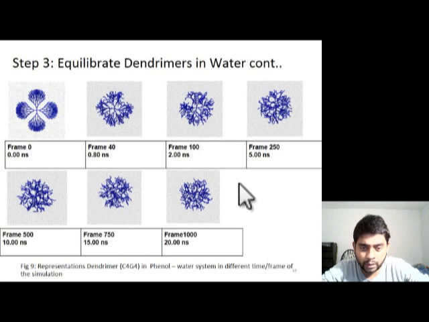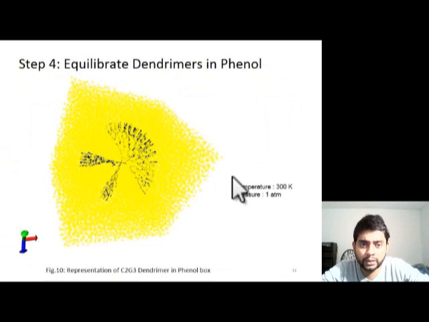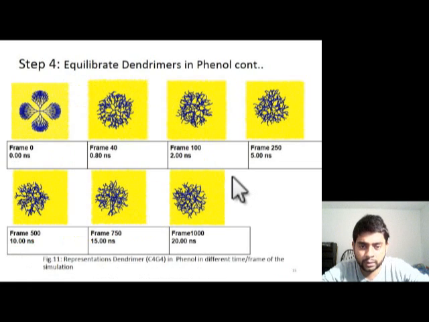We observe our dendrimer change its shape over 20 nanoseconds and 1000 frames. 50 frames represent 1 nanosecond, and you can observe the dendrimer change its shape over time. And also we put dendrimers inside a phenol box, and this is our observation. As in water, in phenol the dendrimer tries to change its shape over the 20 nanoseconds.